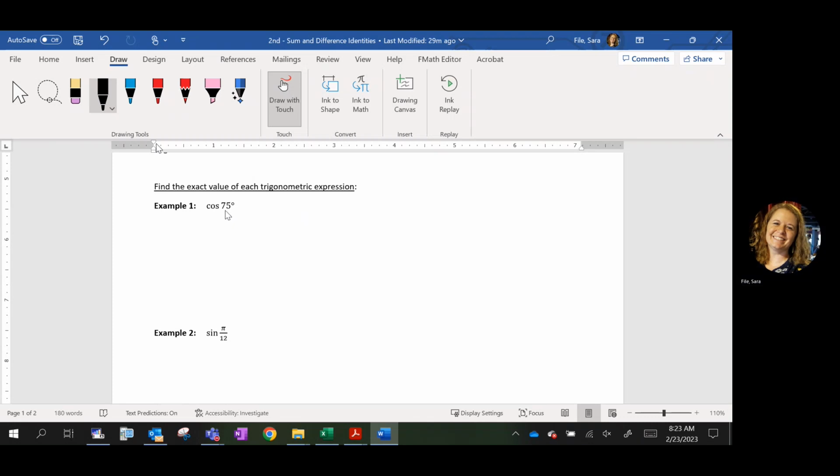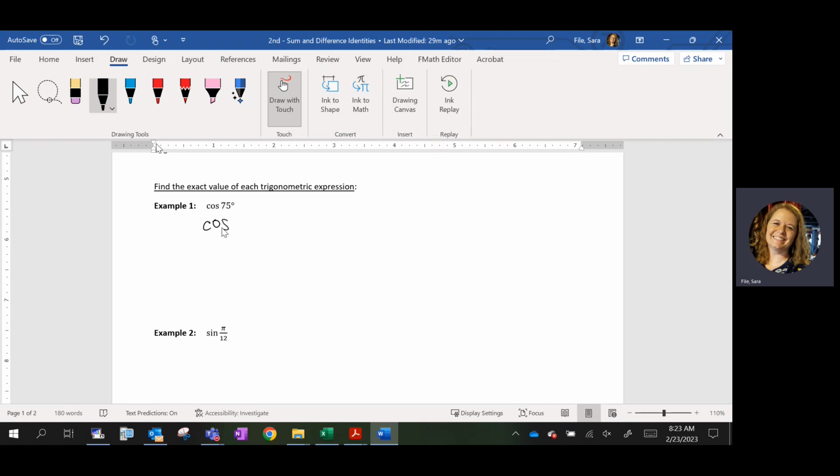But are there two angles from the unit circle that would add together to equal 75, or subtract from each other to equal 75? What are they? If I do a sum of 30 and 45, that would add to 75. So I could rewrite this.